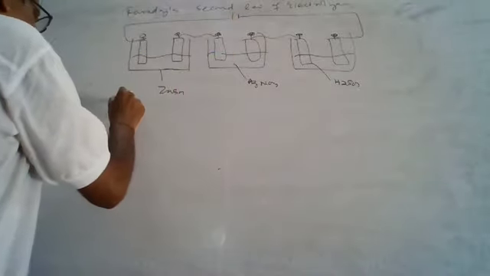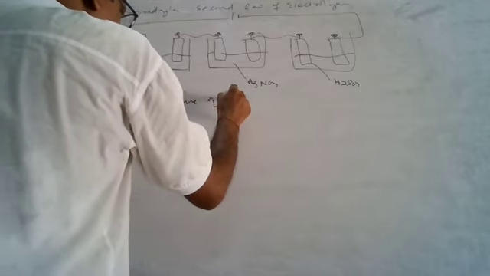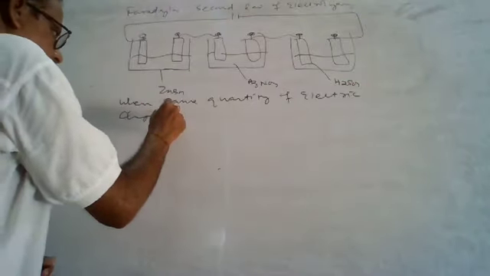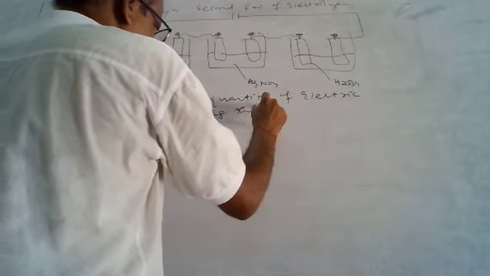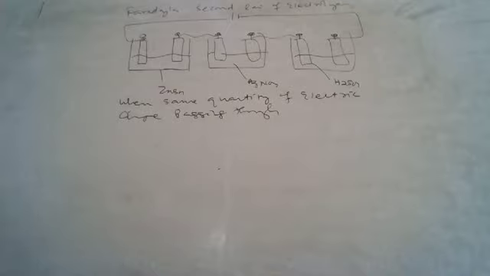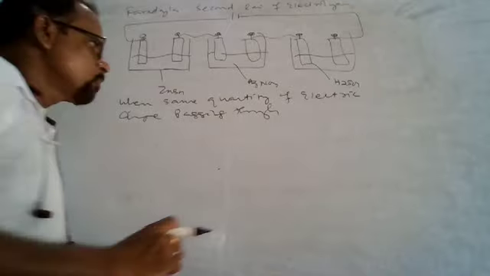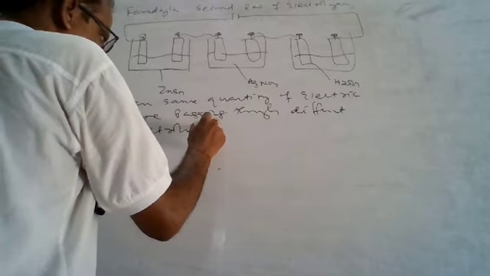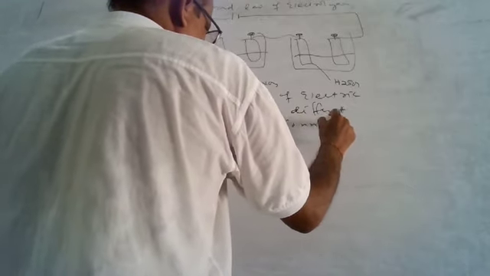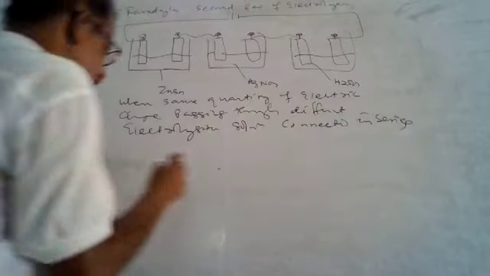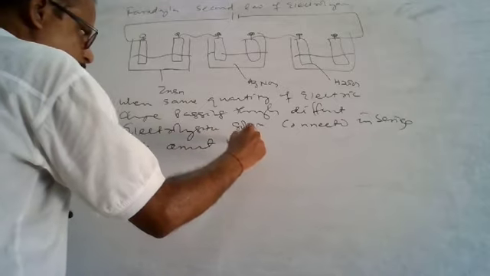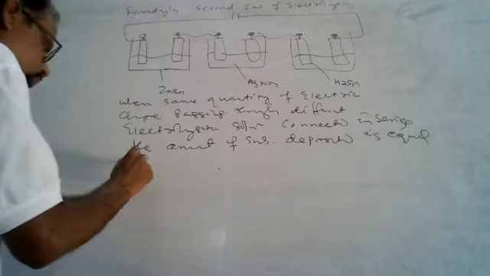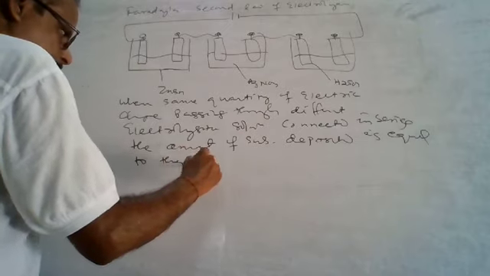So what is the statement? When the same quantity of electric charge is passing through different electrolytic solutions connected in series, the amount of substance deposited is proportional to their gram equivalent mass.